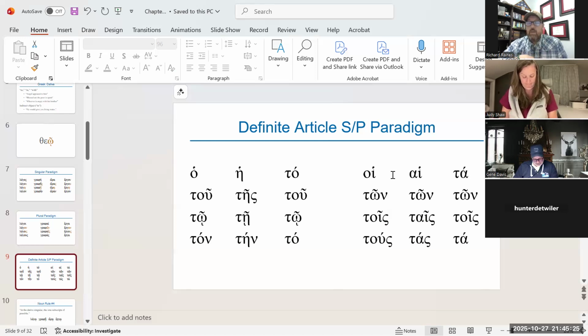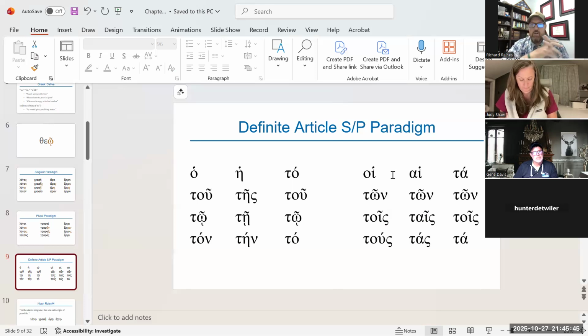So it's actually easier to learn the definite article first. Because if you learn the definite article first, you're not dealing with different words that mean different things. Because all these mean the.